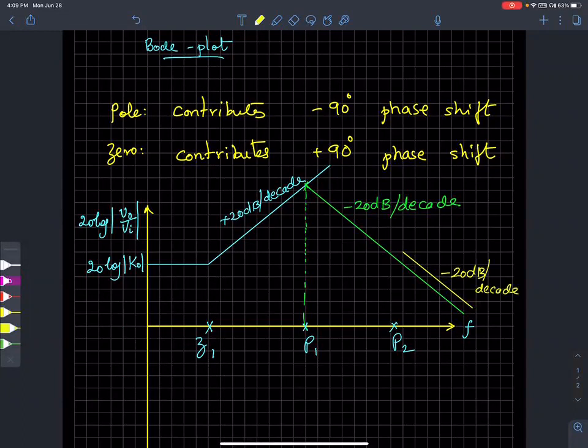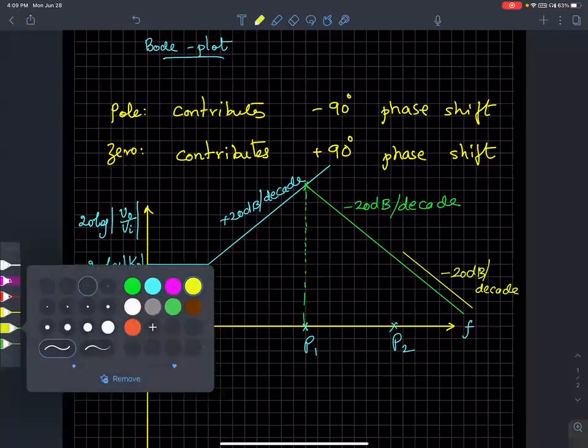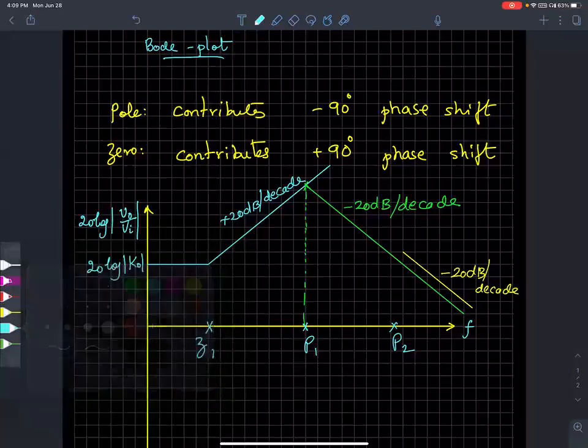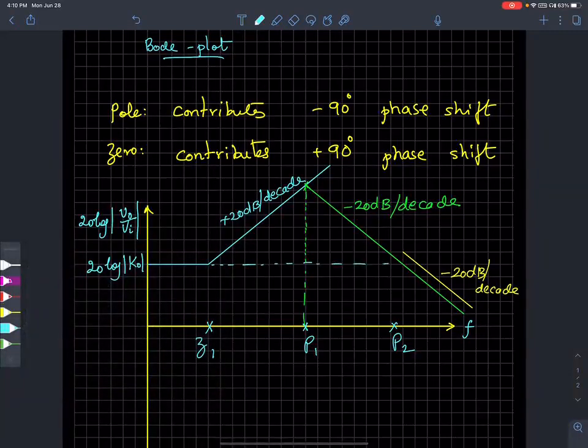So there are a bunch of different factors changing your magnitude. There is a constant, that's the DC gain.